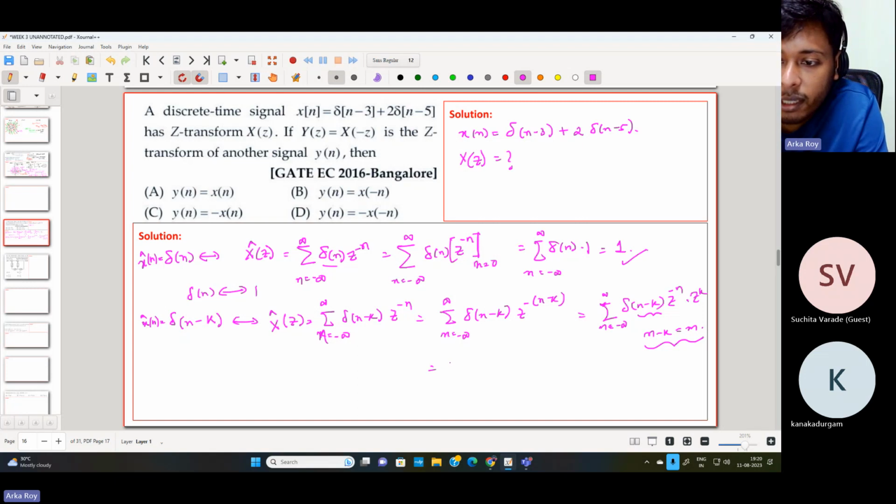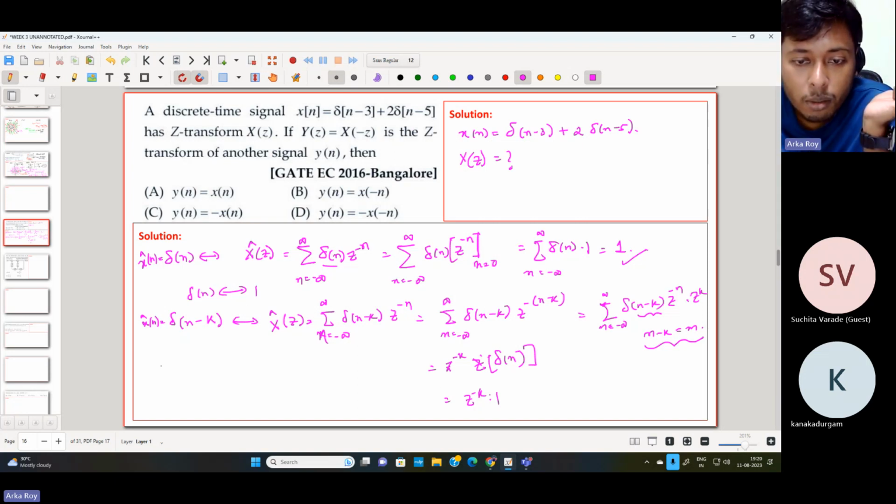So this will effectively be z to the power minus k into the z transform of delta[n], which is z to the power minus k into 1.